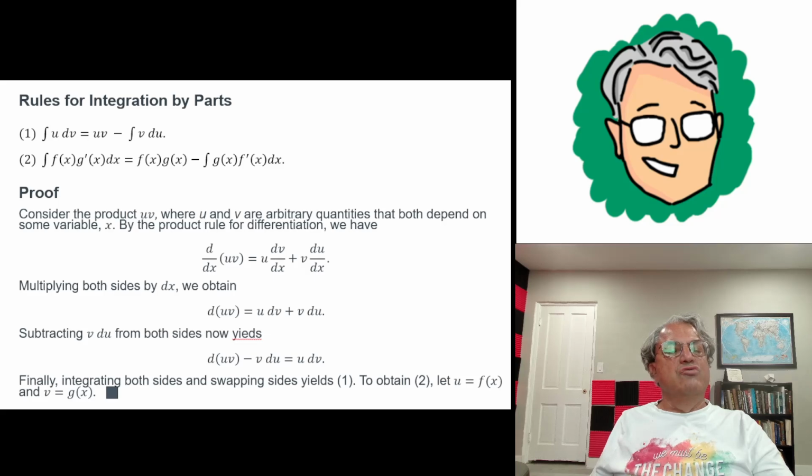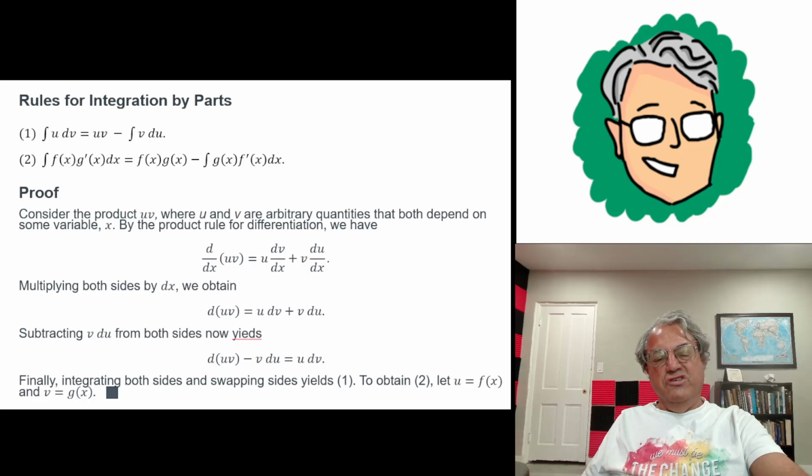And if you do that, you will get equation 1. You get the integral of u dv, and the integral of d of uv is just uv, and then you're subtracting the integral of v du. Voila. And I already explained how you can get equation 2 from equation 1. So that's the proof of integration by parts.